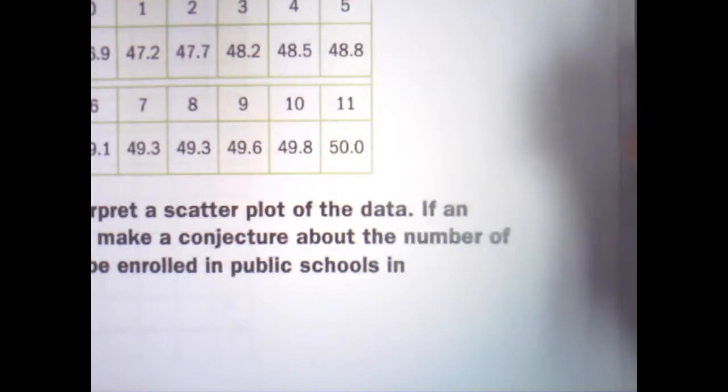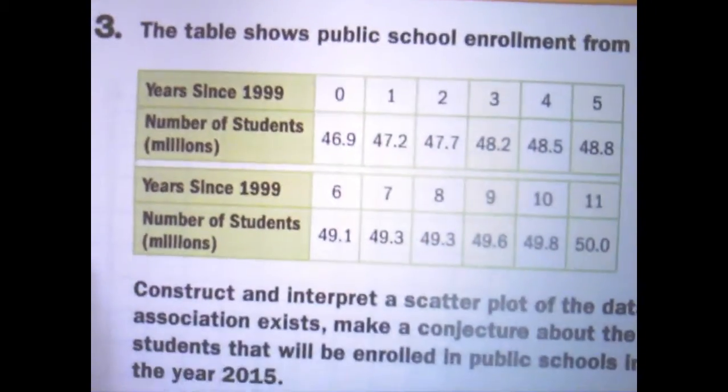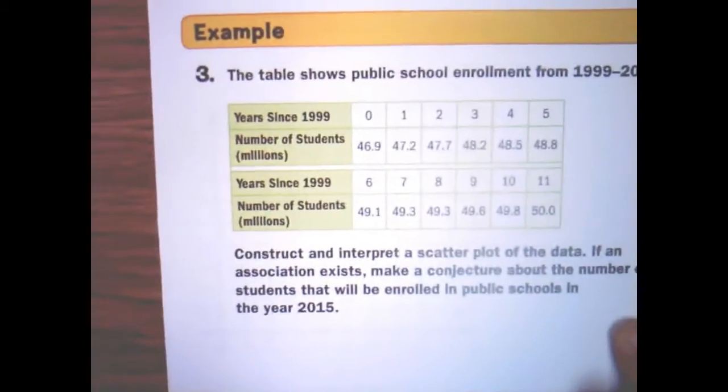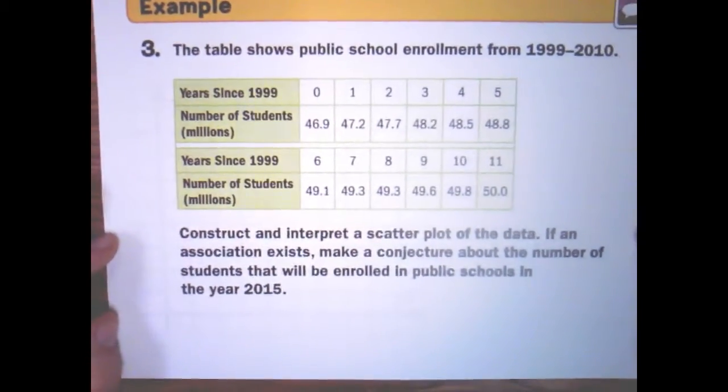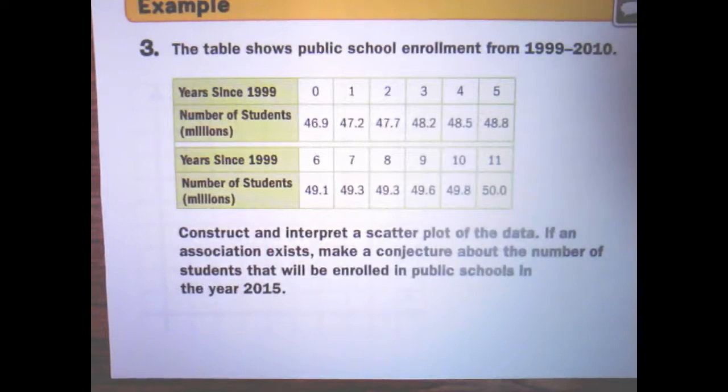So take a look at example number 3. It says, the table shows public school enrollment from 1999 to 2010. Construct and interpret a scatter plot of the data.